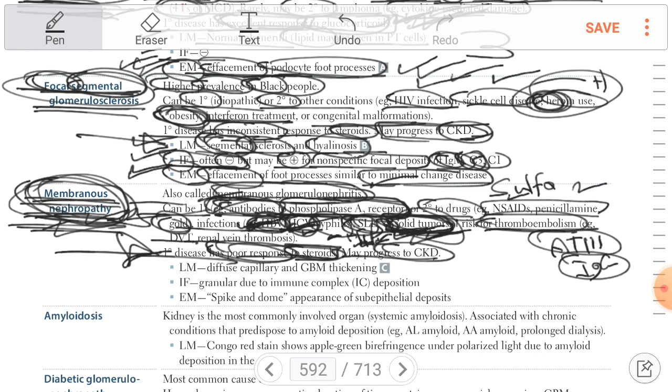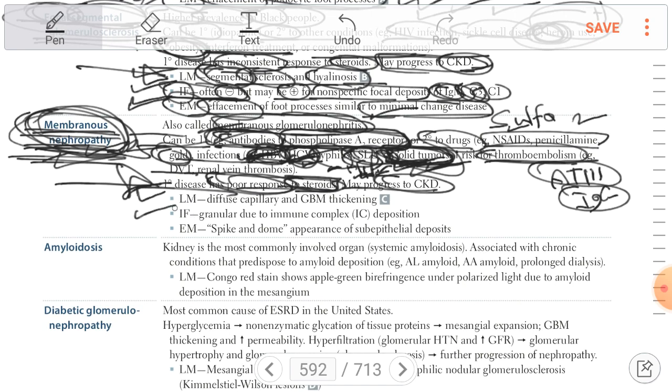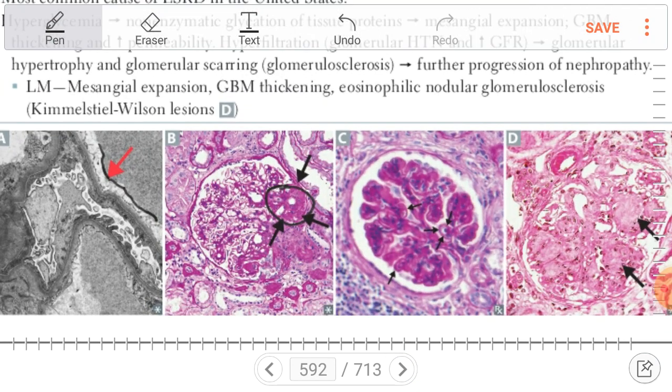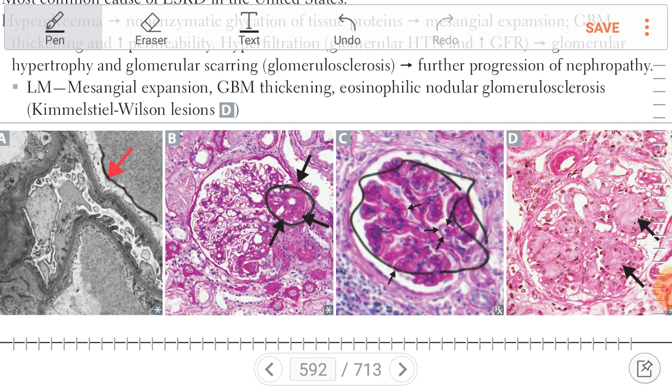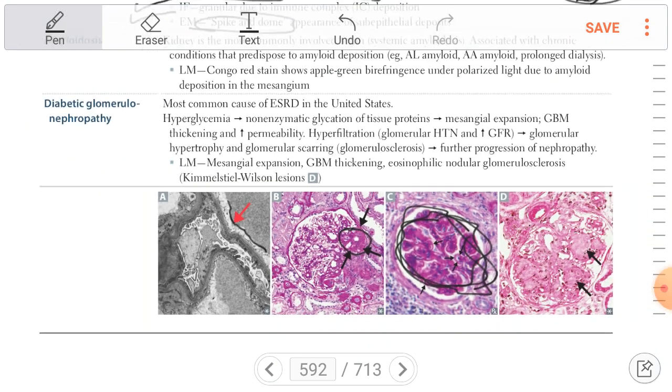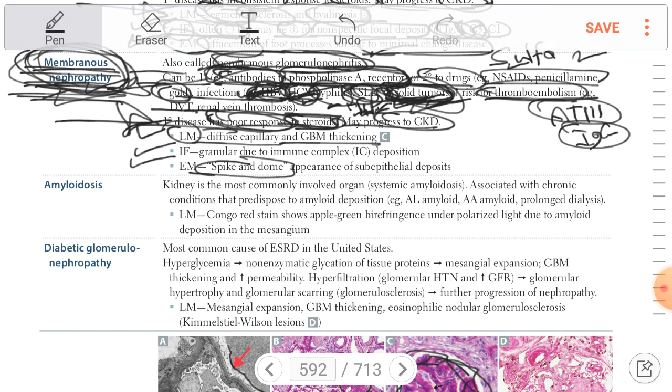Then light microscopy, immunofluorescence, and electron microscopy are so important. On light microscopy, there is diffuse capillary and glomerular basement membrane thickening.